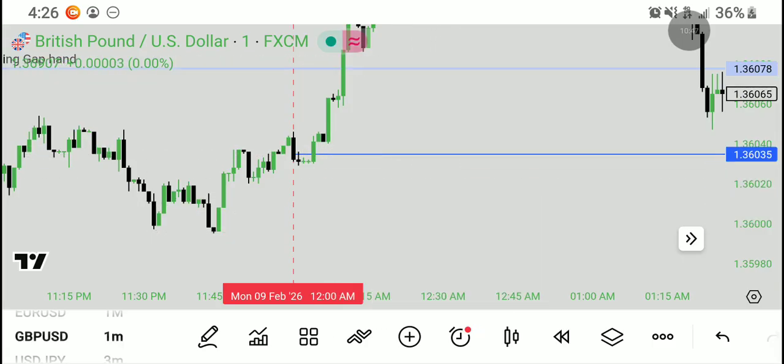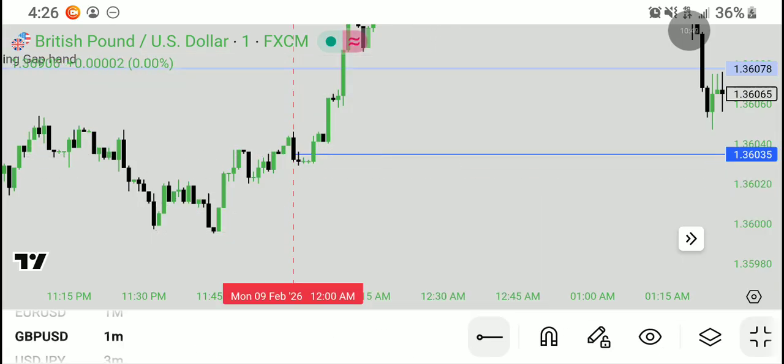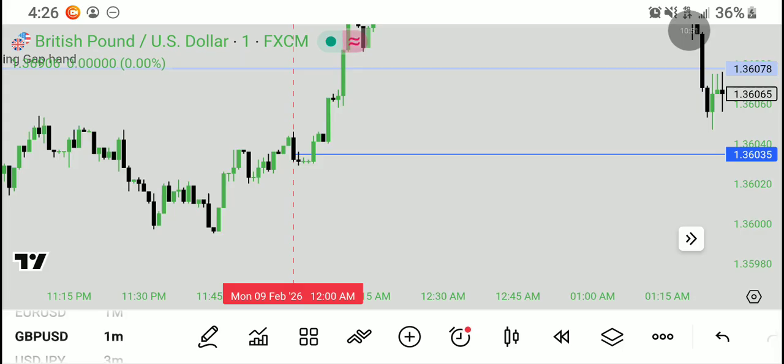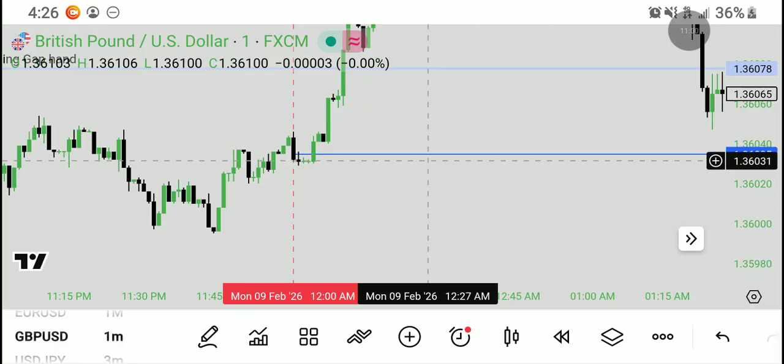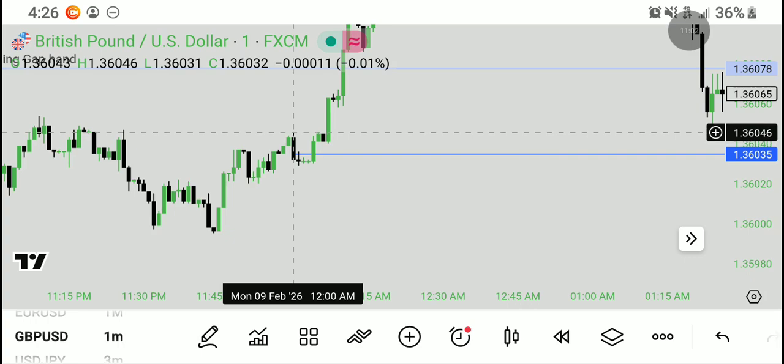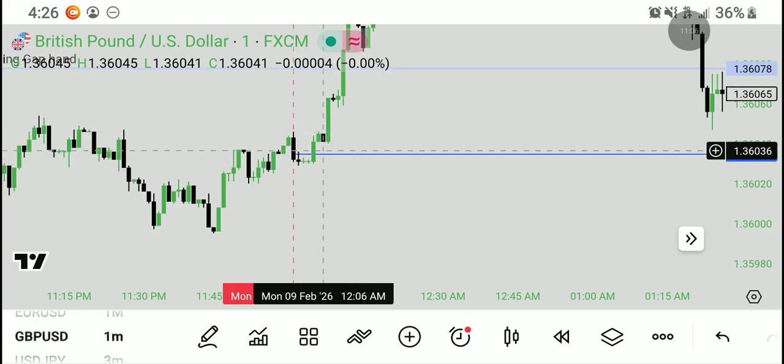On this blue line, which is your midnight opening gap, midnight candle. Why did I call it midnight candle? I call it midnight candle because it's midnight, which is 12 o'clock a.m. I draw it out.